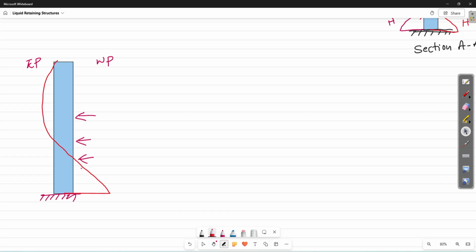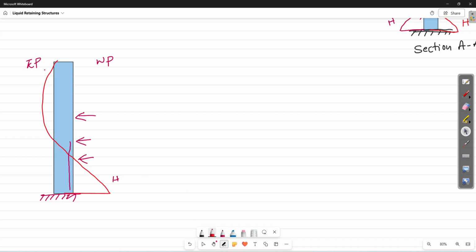Okay. So in this region, where will you provide the steel? You will provide the steel at this location, wherever there is tension. So this is hogging.